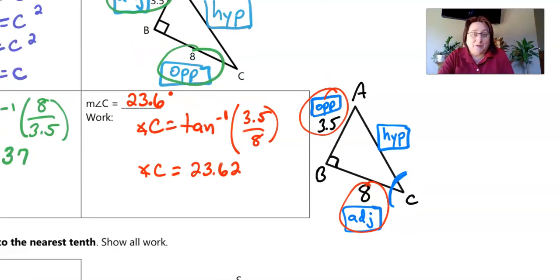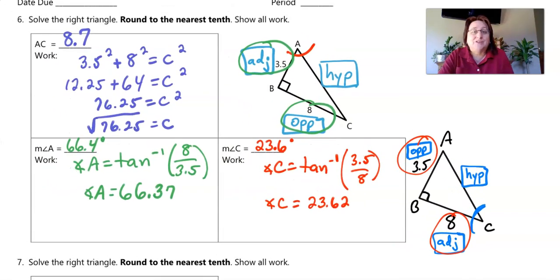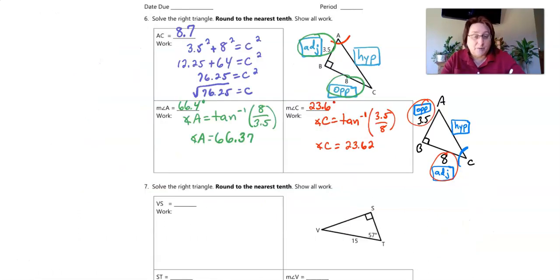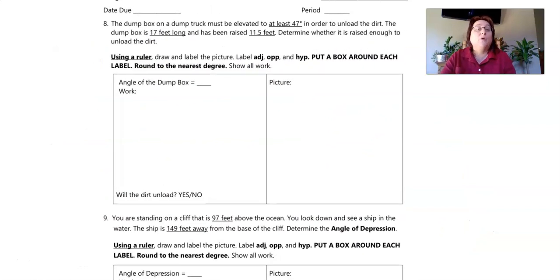All right, again, I'm going to zoom out here so you guys can see. Solving a right triangle, that's what it means. We found all of the side lengths and all of the angle measures in this. All right, now, ladies and gents, you are going to be doing some other problems that are going to be word problems, and you're going to be doing those during class, so make sure that you draw a picture and label it.